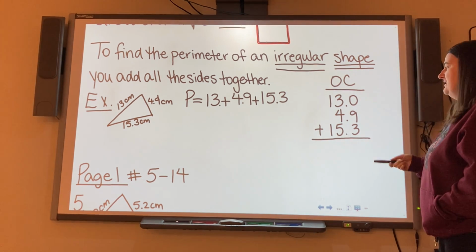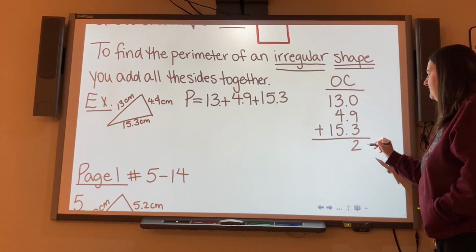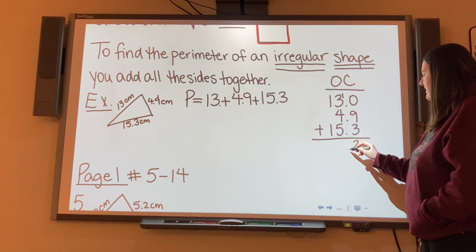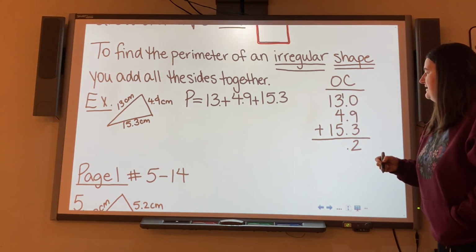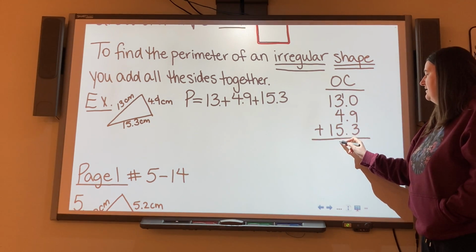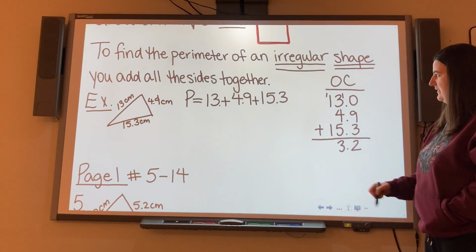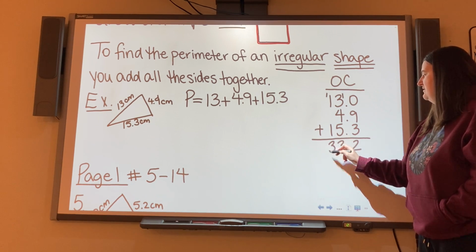So 0 plus 9 is 9, 9 plus 3 is 12, carry your 1. Put your decimal in your answer. 3 plus 4 is 7, 7 plus 5 is 12, plus the 1 that you carried is 13, carry your 1. 1 plus 1 is 2, plus the 1 that you carried is 3.